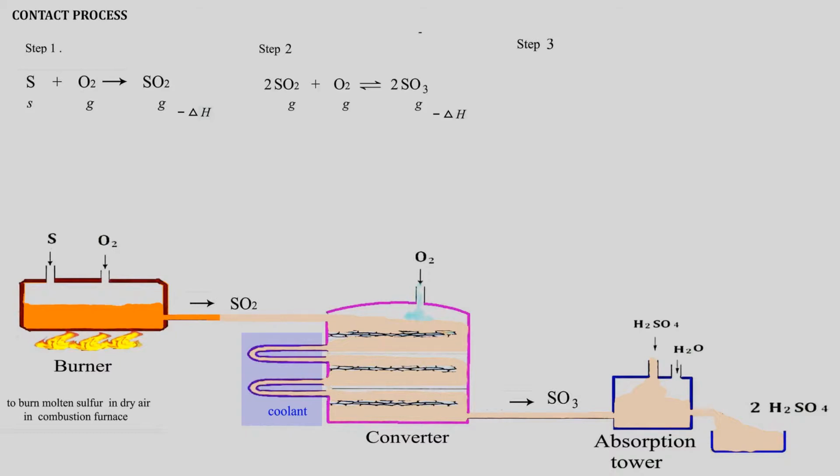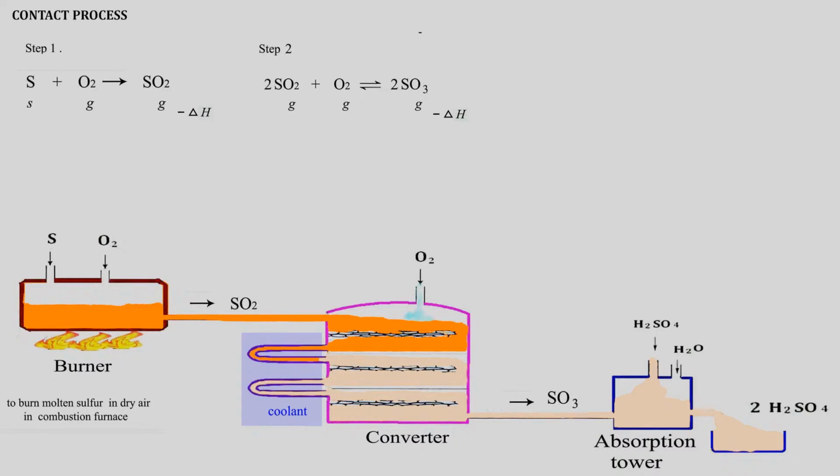When you go to the second chamber, look at the step 2 reaction. Sulfur dioxide added with oxygen forms sulfur trioxide. Exothermic too. Now, the experiment: sulfur dioxide mixed with oxygen goes onto the converter with catalyst.